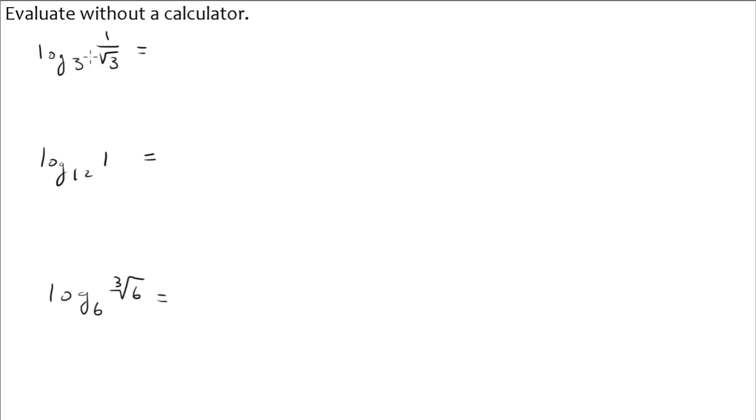Log base 3 of 1 over the square root of 3. Whoa, there's a lot going on here, especially this square root. Firstly, 1 over, that's going to mean a negative exponent. It's going to be a negative value. Then I need to look at this square root.